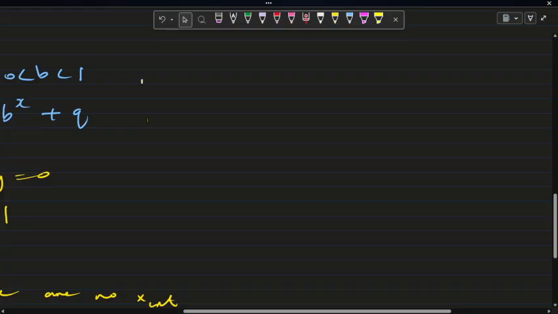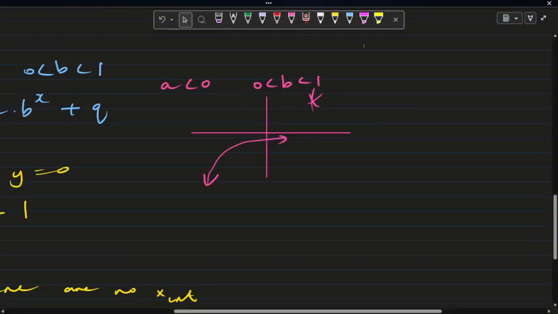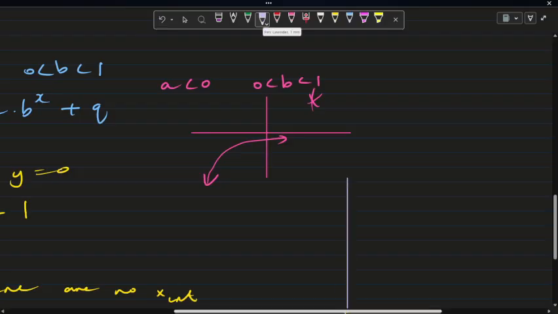Okay, so let's draw it over here. So this is the situation that we have. Therefore, we are expecting our graph to look something like this. Okay, so let's sketch the graph that we have.